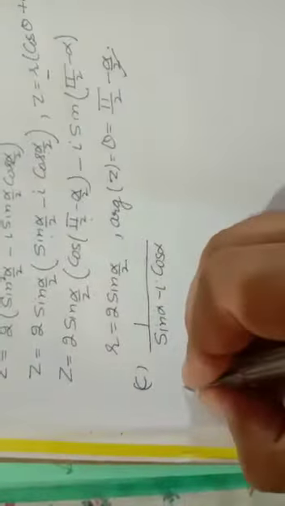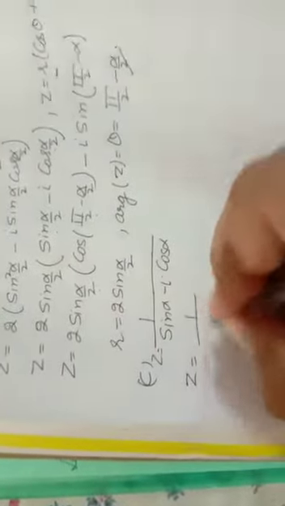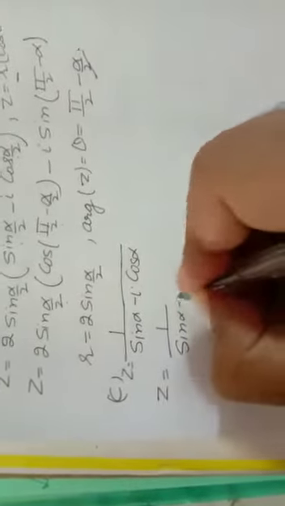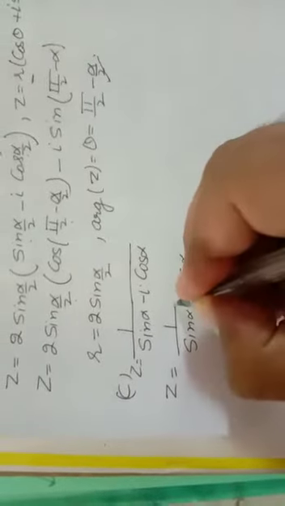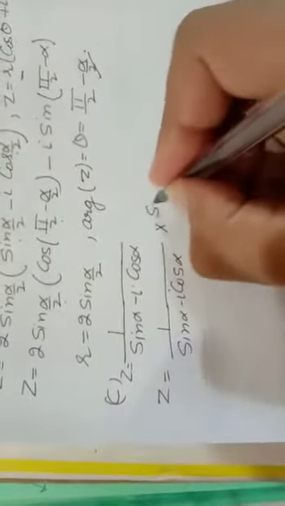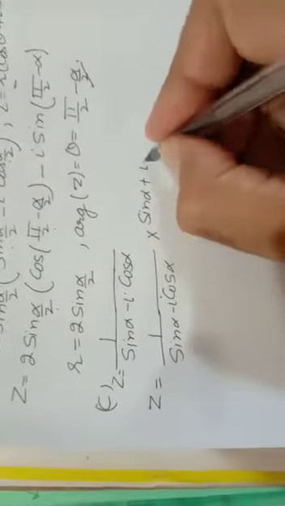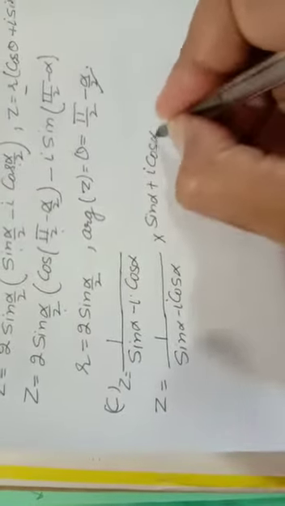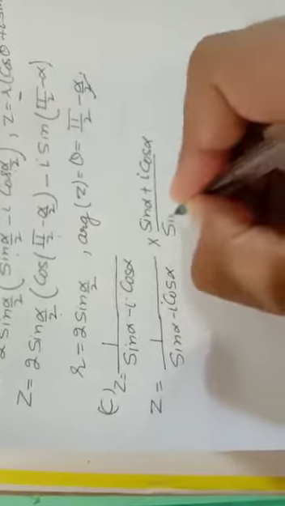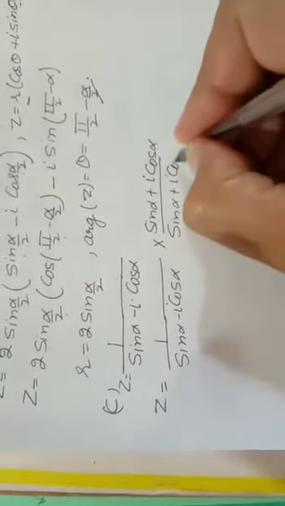So we are also doing the rationalizing here. So z is equal to 1 upon sin alpha minus iota cos alpha. This can be multiplied with sin alpha plus iota cos alpha, and similarly in the denominator sin alpha plus iota cos alpha. So what will you get?